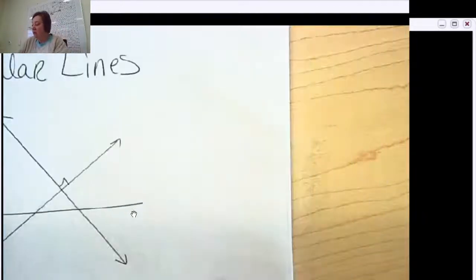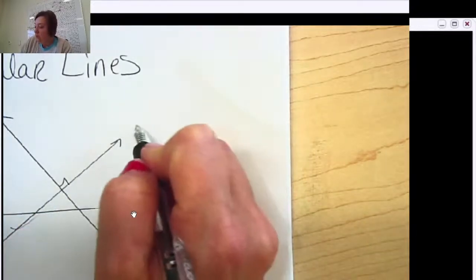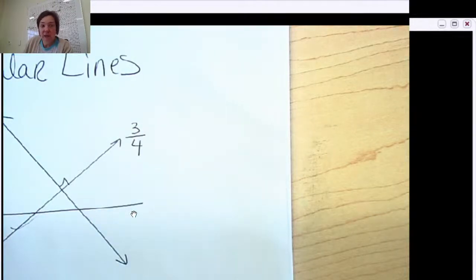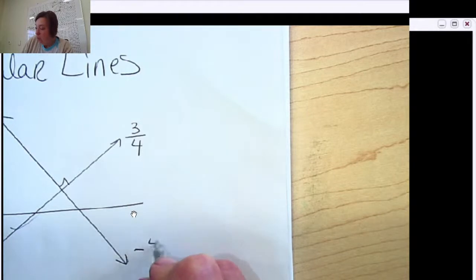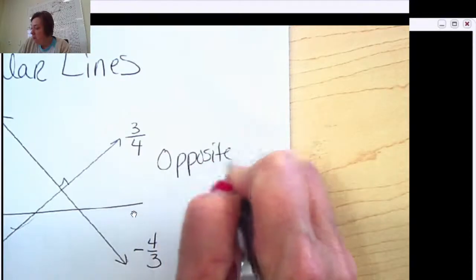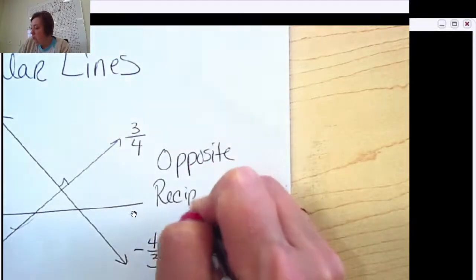So like if the slope of this one, I'm going to make up a number, okay? If the slope of this one is 3/4, right? Then the slope of this one is going to be negative 4/3. They are what are known as opposite reciprocals.